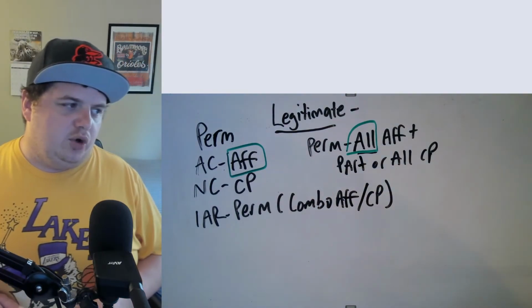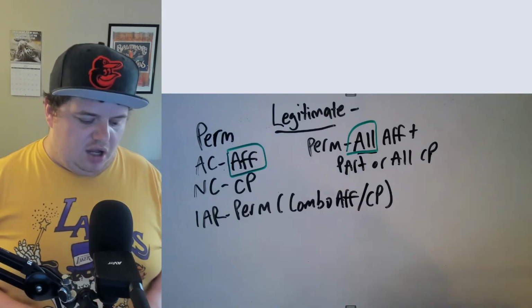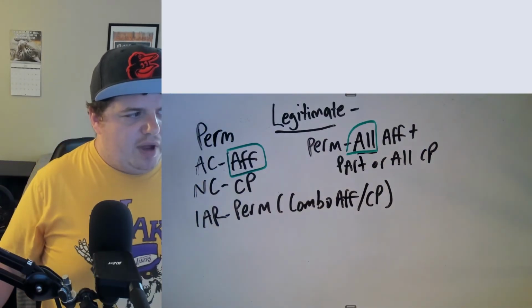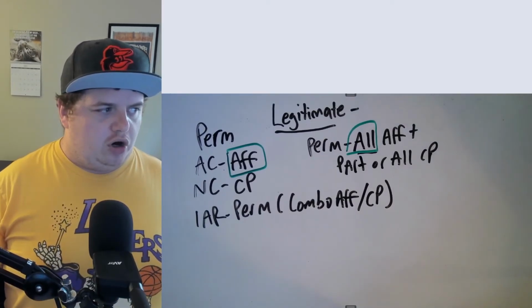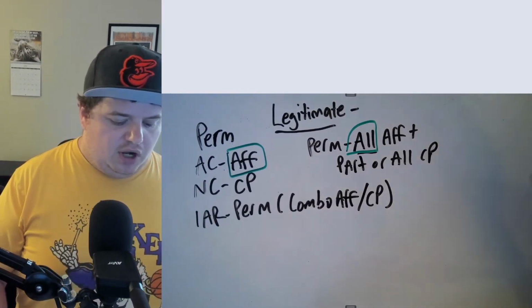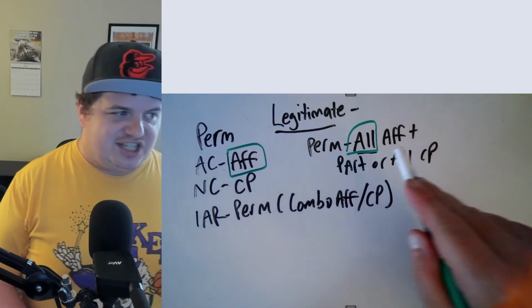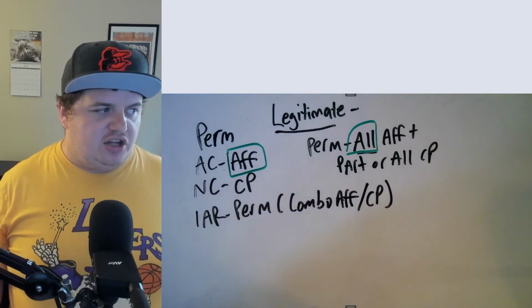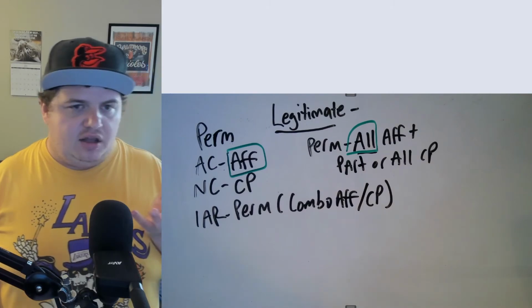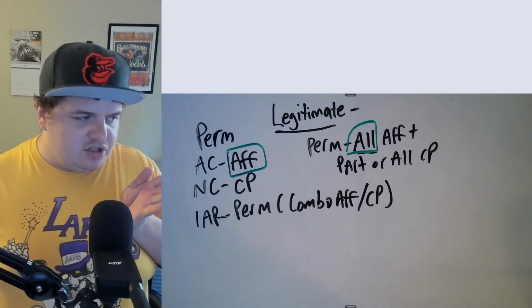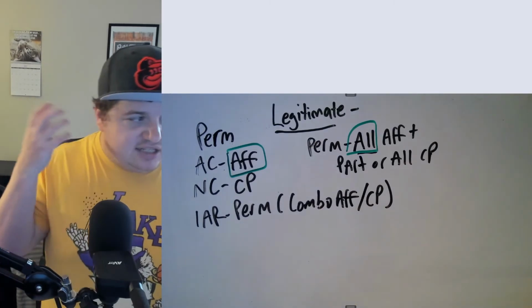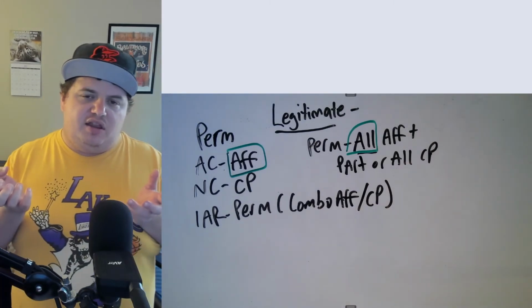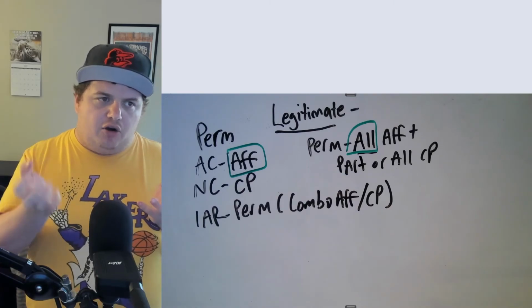Now, the number one way of permuting: do you remember we talked about the structure of a counterplan, and the first part of the structure of a counterplan was the text. A permutation is going to combine the plan text, or the text of the resolution if you're not reading a planned affirmative, with the counterplan text in the debate.